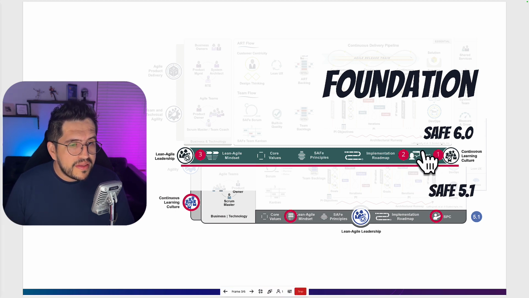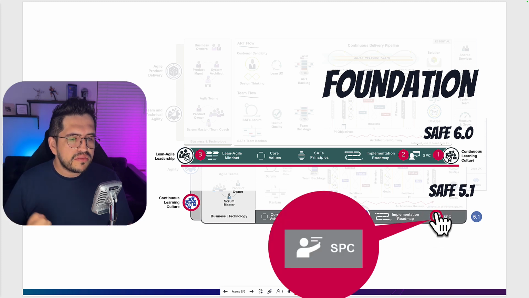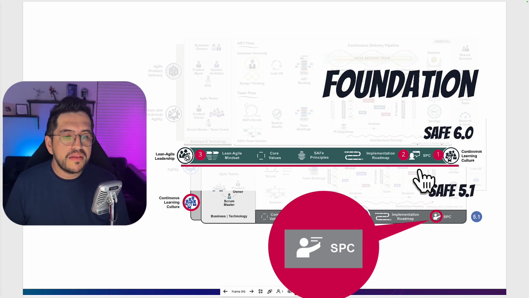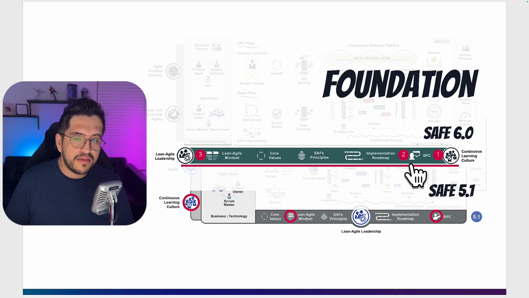With this small change in the iconography, in the past it was a little guy teaching something, pointing something, and this extends it to clarify that the role of the SPC is not only to train and certify people, but also to support and coach the Agile Release Train in order to be successful. They have a brand new article, a clarified version of the responsibilities of an SPC, that is also pretty good and updated.